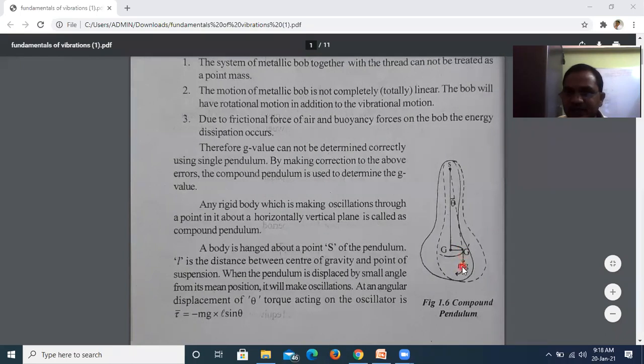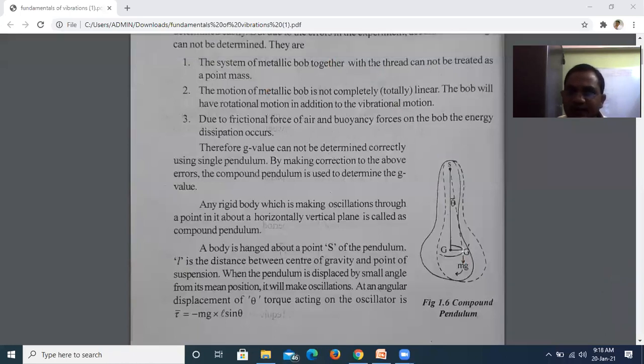ఇట్స్ వెయిట్ ఎంజీ. Weight always acts vertically downwards. Here mg is shown vertically downwards at the point g dash. So this is the weight of the body, right? So this is the distance between the point of suspension and this center of gravity. This is called length, sir. Length, small l.